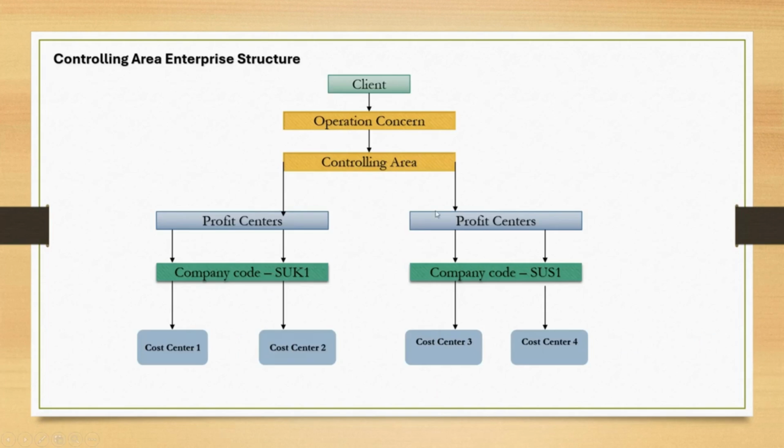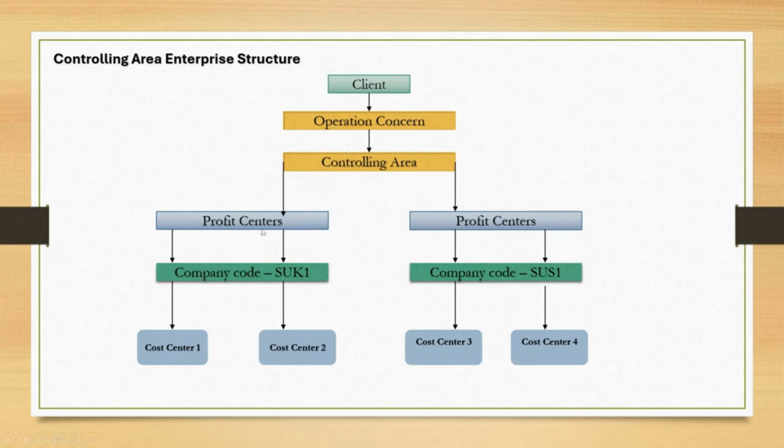So here is the controlling area enterprise structure. The highest level is always the client, then the operating concern. Operating concern is a part of controlling area which we need for the COPA module, that is, for profitability analysis. Under operating concern we have controlling area, and under controlling area we have profit centers.